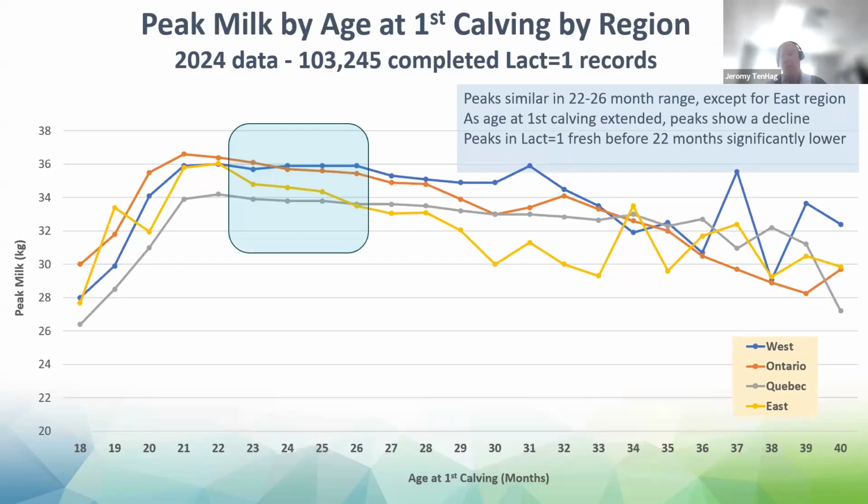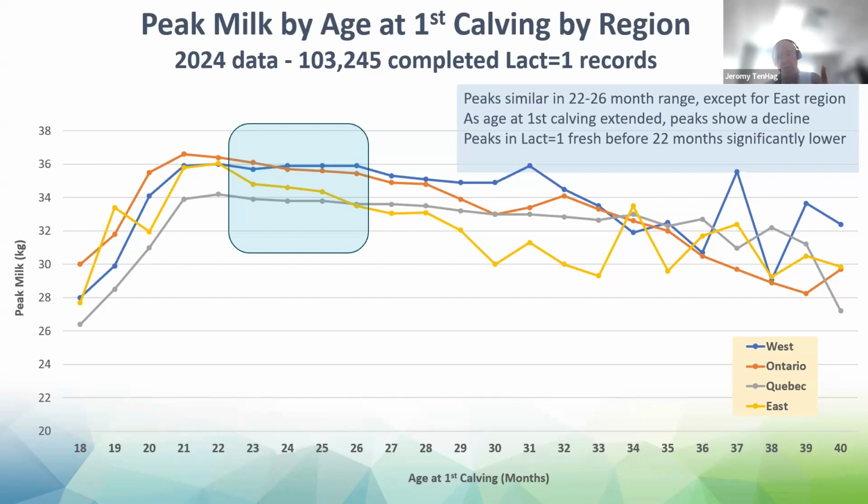When we look at peak milk, and now the next two slides are things that were asked about last winter: was peak milk any different based on the age when the heifer freshened? Again, I highlight the area where the majority of heifers freshen, and it doesn't make a huge difference, if any, on peak milk, at least between 22 and 26 months of age.